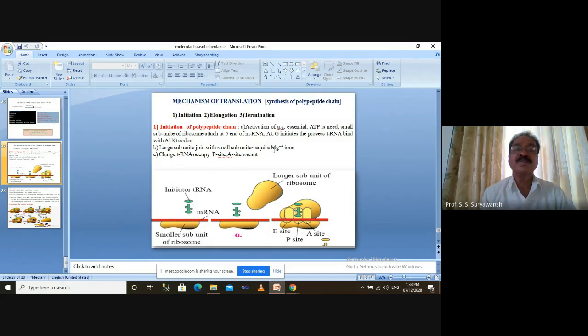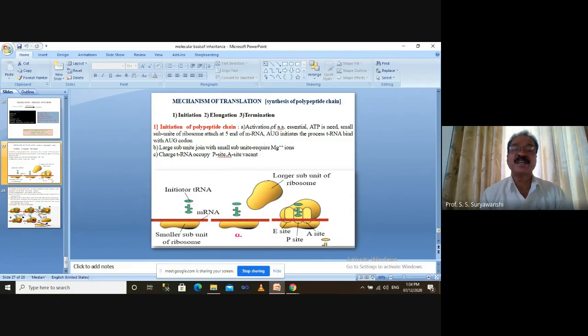For example, if AUG is there on the codon at the 5' end of the mRNA, then what should be on the anticodon? It is AUG on the mRNA. Here A always pairs with U, that is uracil, because we know that instead of thymine in RNA, it is replaced by uracil.